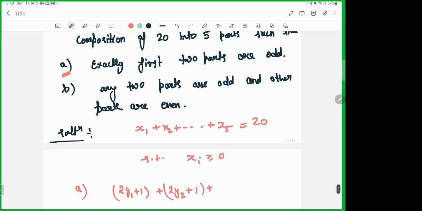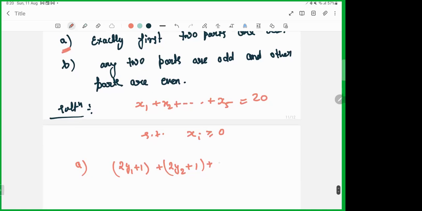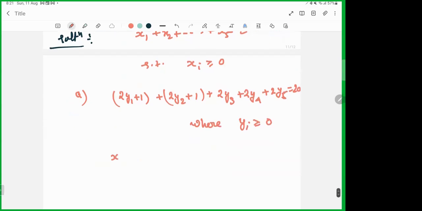The other parts should be even because exactly the first two parts are odd. So the other parts are of the form 2y3, 2y4, 2y5. This is 20, so with composition of 9, x1 to x5 is equal to... so you can write y1 plus y2 up to y5 is equal to 9, right?